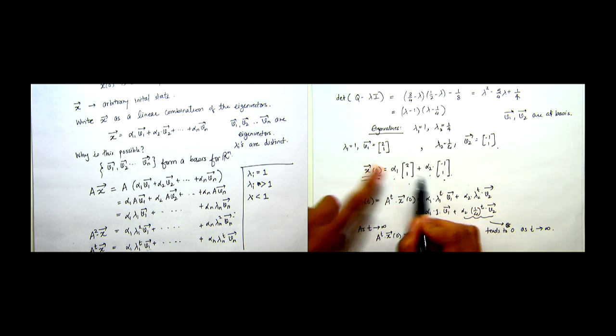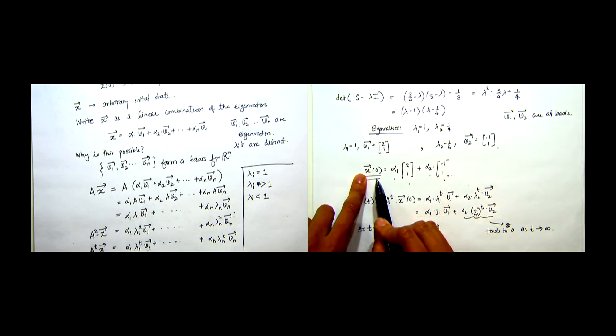And so I can express any vector in R2 as a linear combination of these vectors. So by choosing different alpha 1, alpha 2, I can get to any x naught. So I'm saying let alpha 1, alpha 2 be some constants. X naught is now an arbitrary vector in R2.